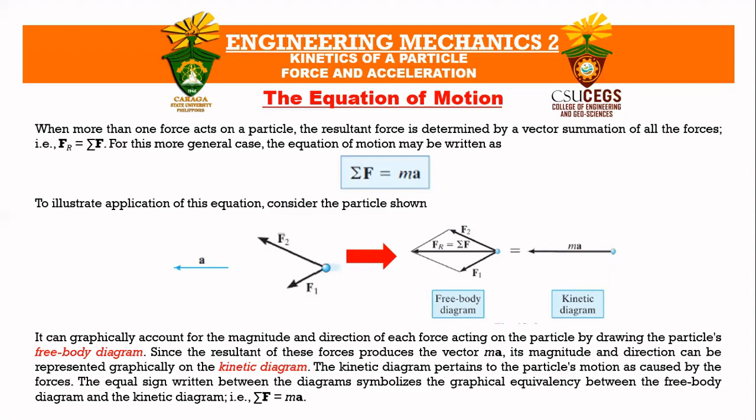The equal sign written between the diagrams symbolizes the graphical equivalency between the free body diagram and the kinetic diagram. That is, the free body diagram represents the summation of all forces acting on the particle, and the kinetic diagram represents the product of the mass and the acceleration.